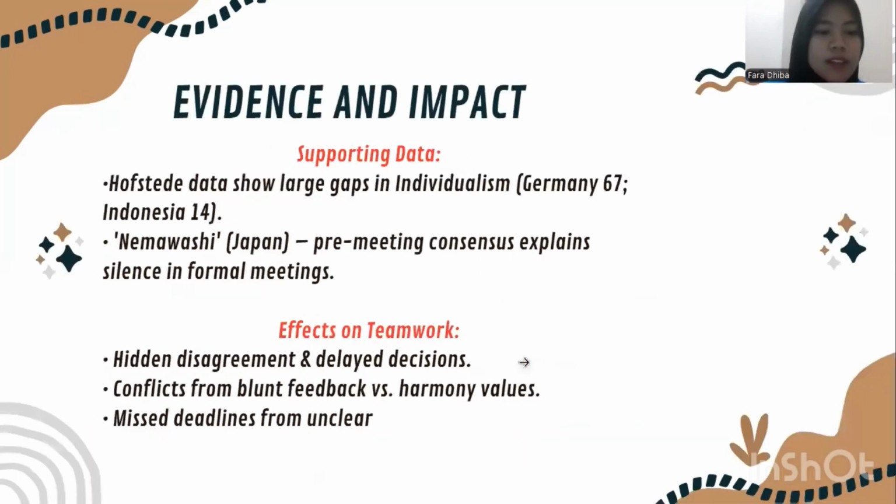And then provide data or evidence. This is the evidence and supporting data. According to Hofstede Insights, Germany has an individualism score of 67, while Indonesia has only 14.